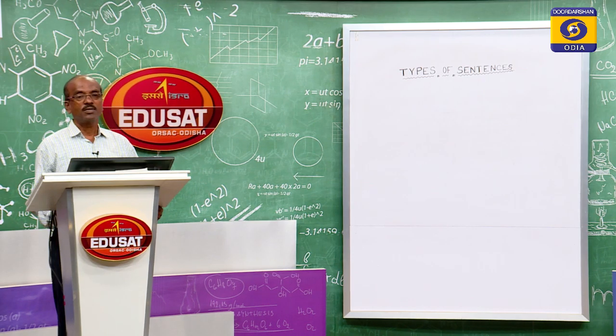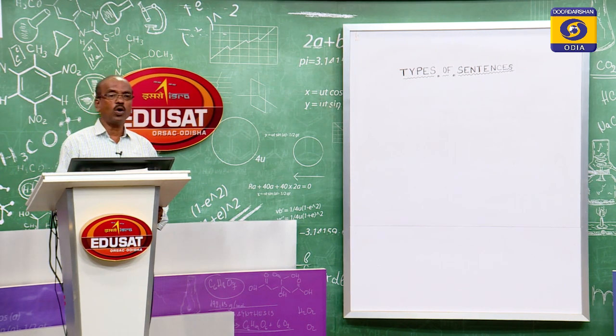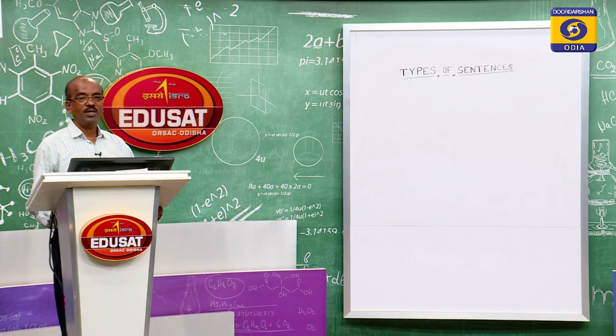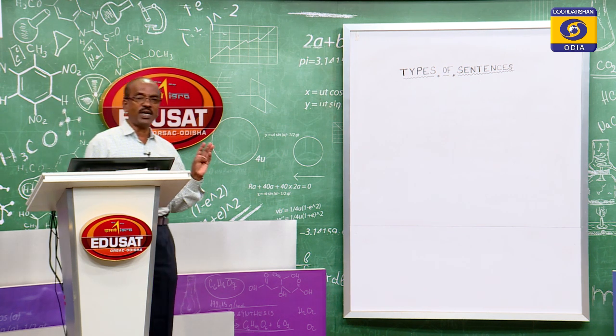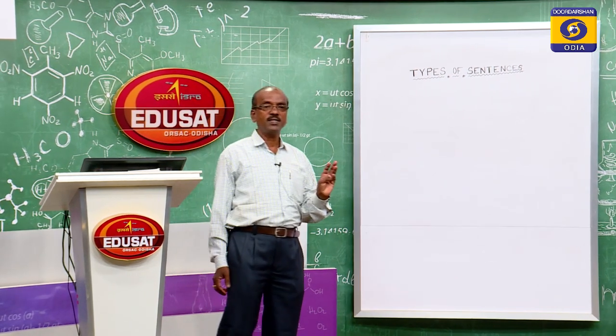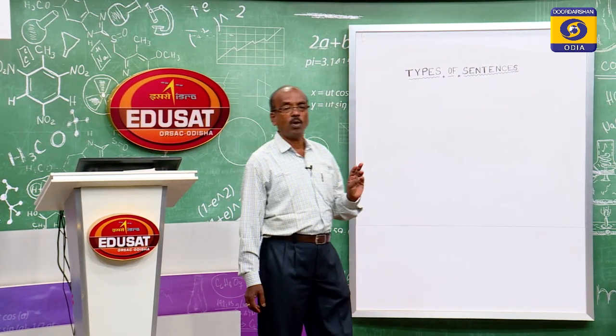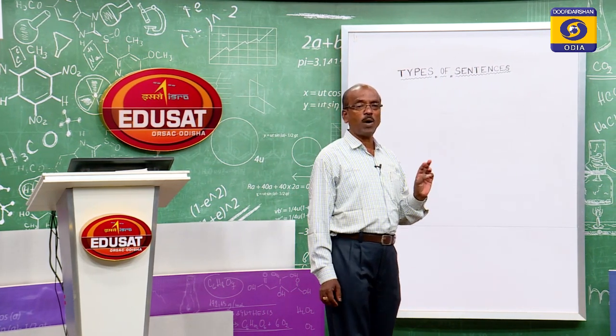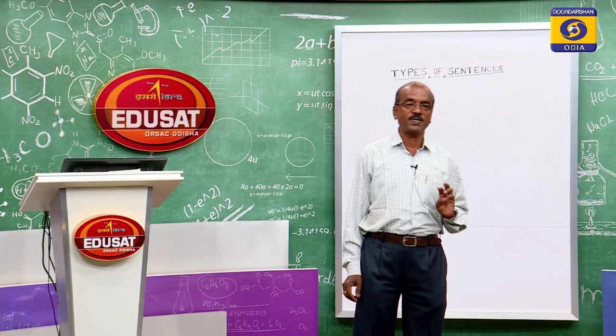Dear students, we discussed four types of sentences. What are they? I think you know very well. One is a simple sentence, the second is a compound sentence, the third is a complex sentence, the fourth is a compound complex sentence.